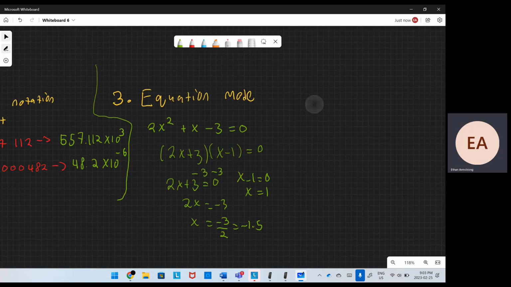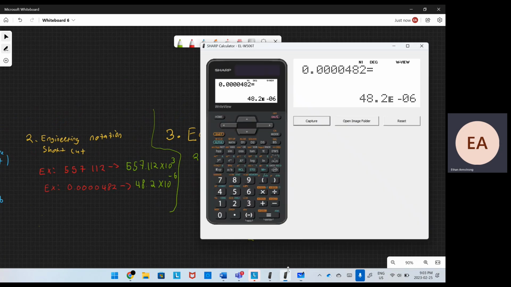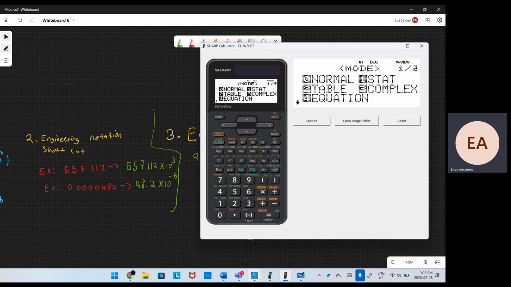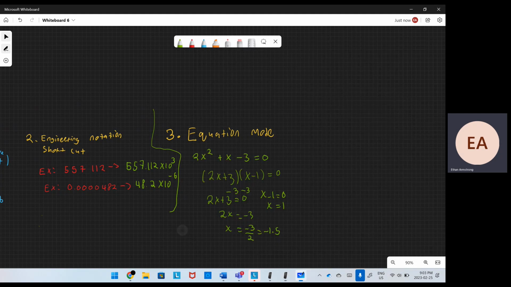But we can also solve this using our calculator. So what we're going to do is hit the mode button again, and we're going to hit 4 for equation. And this is a quadratic equation because the highest power is a power of 2. And then our a value is the 2 here.